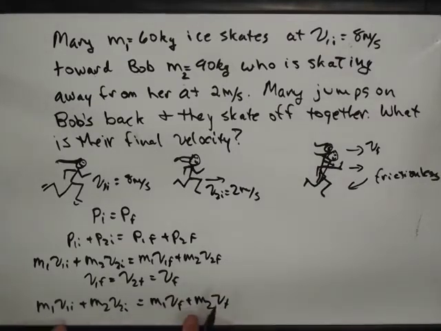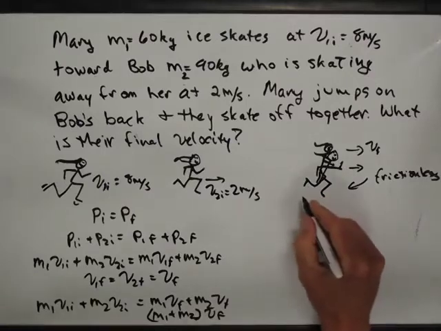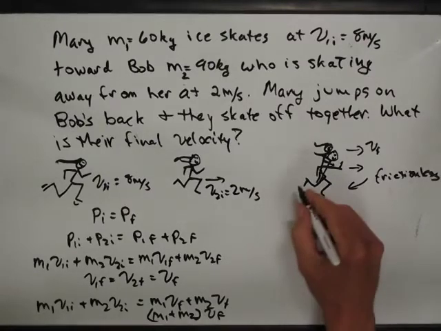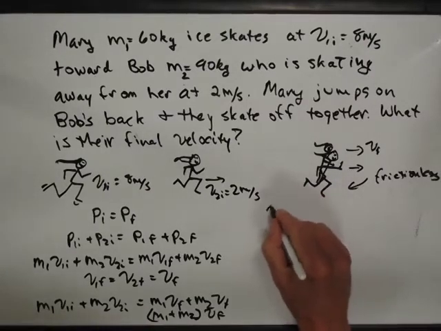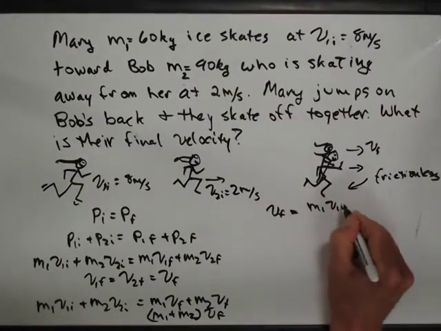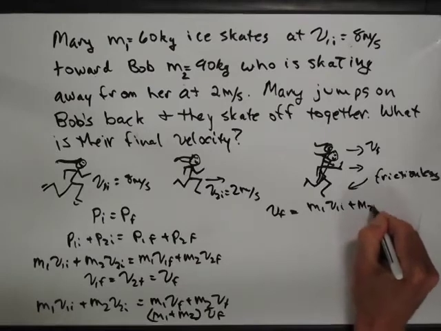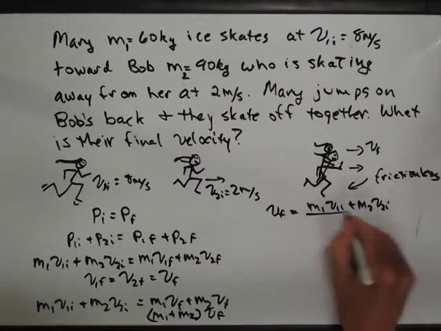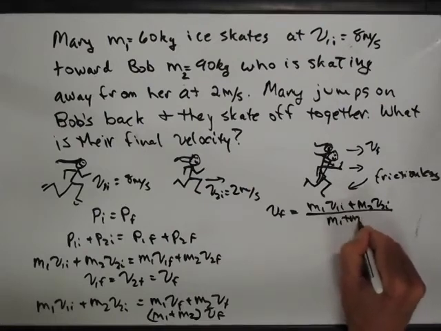I need to solve this for V final, so I can write this as M1 plus M2 times V final. This gives me V final is equal to M1 V1 initial plus M2 V2 initial over M1 plus M2.